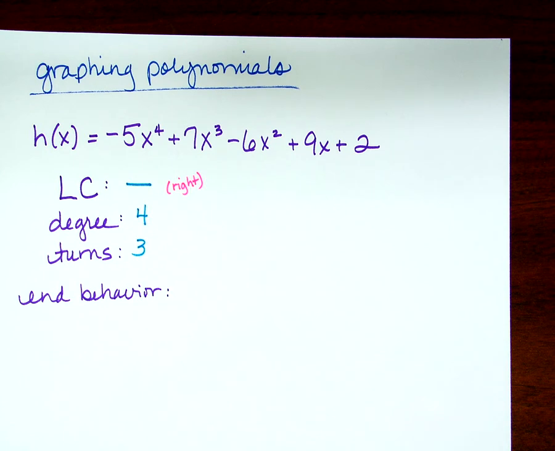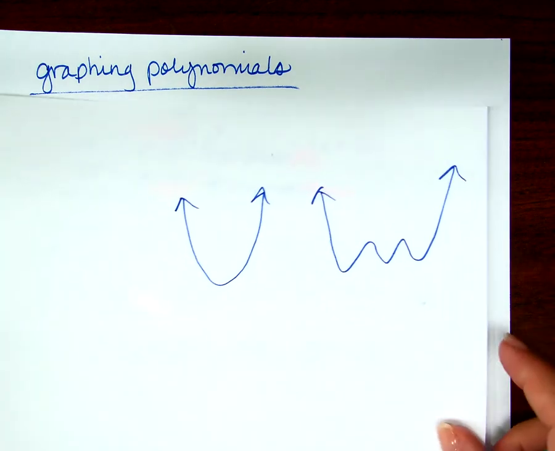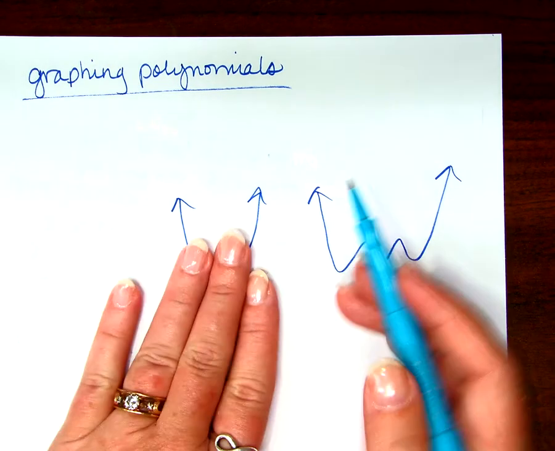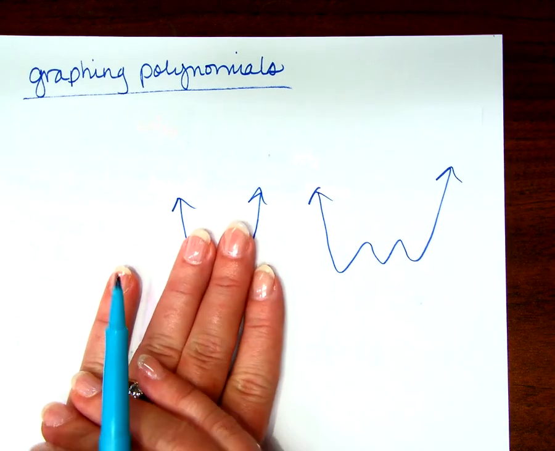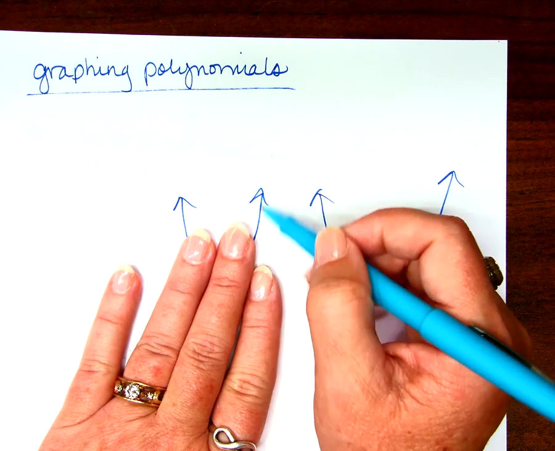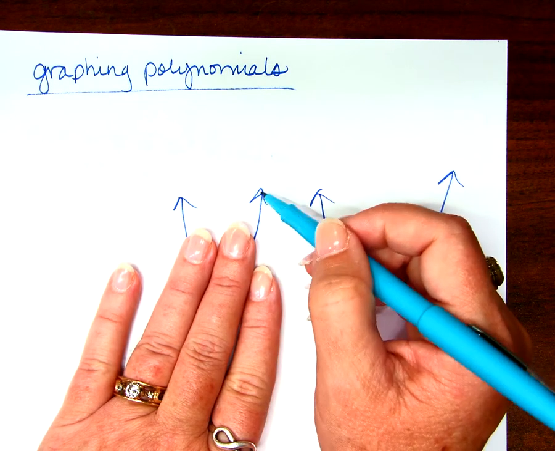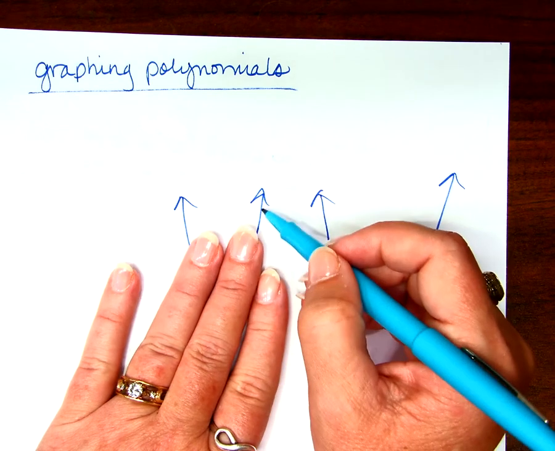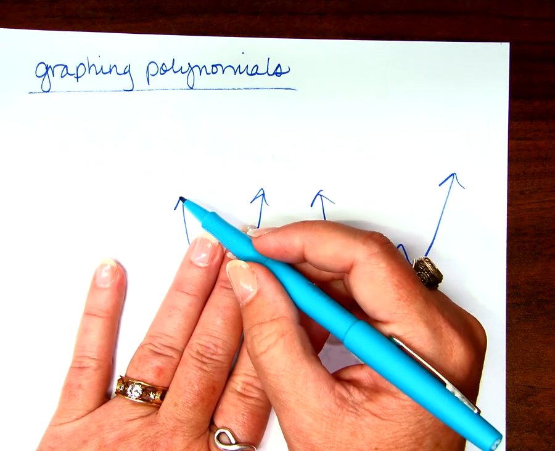Can I take a commercial break real quick? Is that okay? Okay. Here's my commercial break. Let's think of a parabola, okay? I don't care what's happening in the middle of the parabola. I care what's happening on the ends. See, if this is the end behavior to the right, and this is the end behavior to the left, do you see that it's rising to the right and rising to the left?